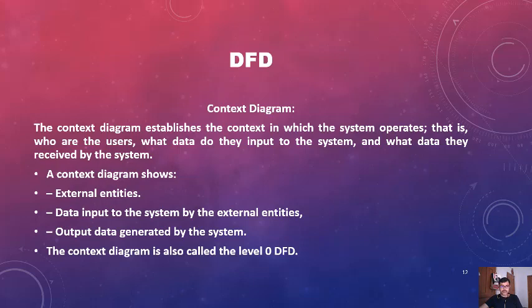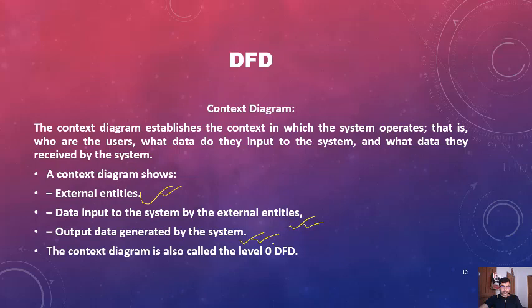The context diagram establishes the context in which the system operates, that is, who are the users, what data they input to the system, and what data they receive from the system. A context diagram shows external entities, data input to the system by the external entities, and output data generated by the system. It is also called level 0 diagram.